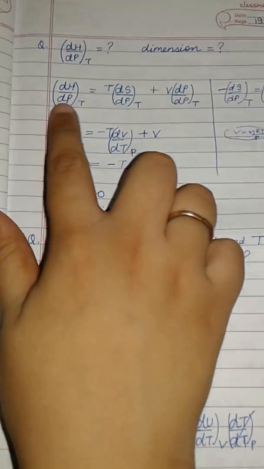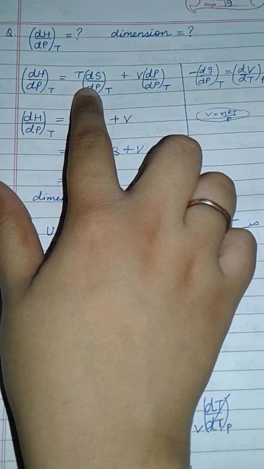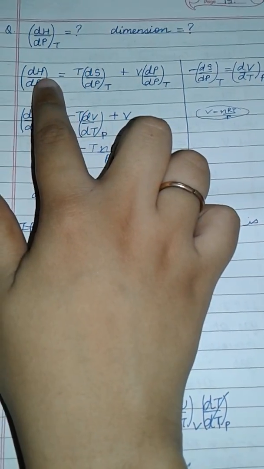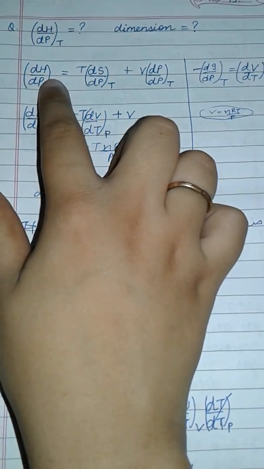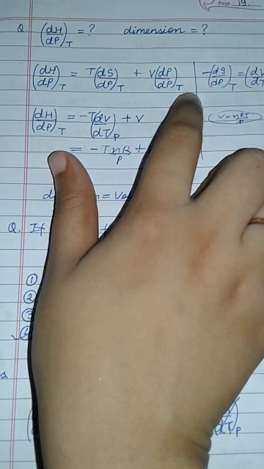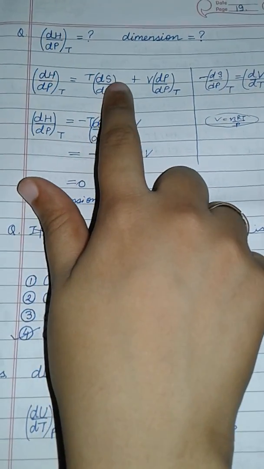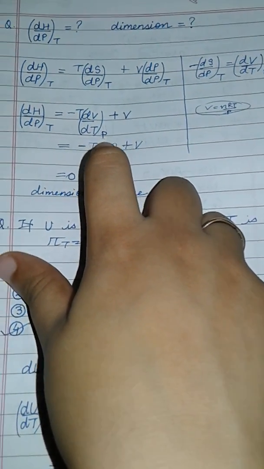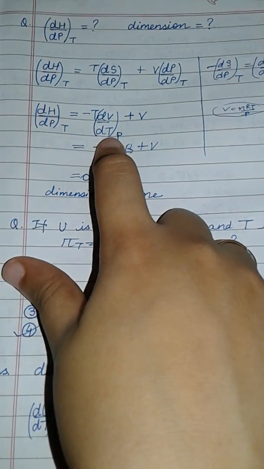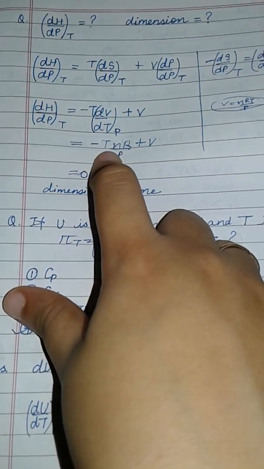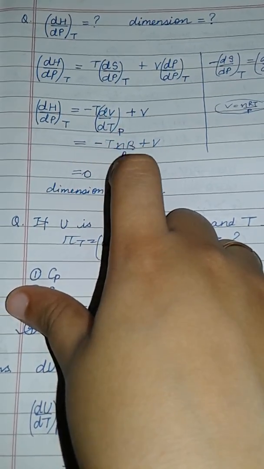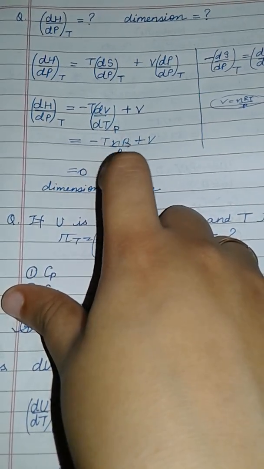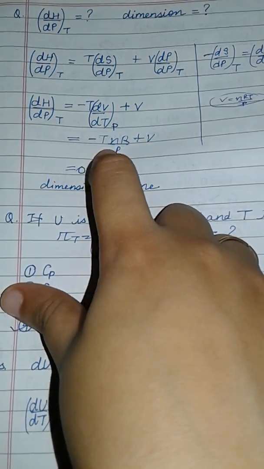Now the next question is dH/dP at constant T, what is the dimension? So dH/dP at constant T is equal to, since we know dH is equal to TdS plus VdP, differentiating both sides with respect to dP at constant T. Then it is a Maxwell relation that dS/dP at constant T is equal to minus dV/dT at constant P. So dV/dT will be equal to nR upon P. So V minus nRT upon P, and nRT upon P is equal to V. So V minus V will be cancelled out.